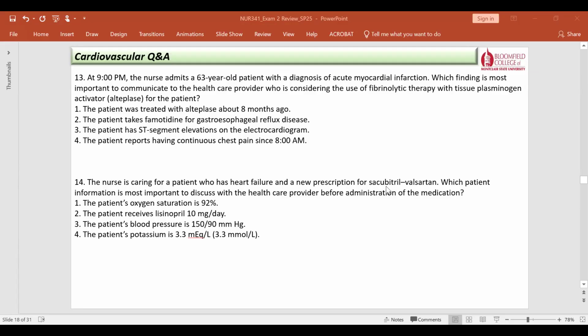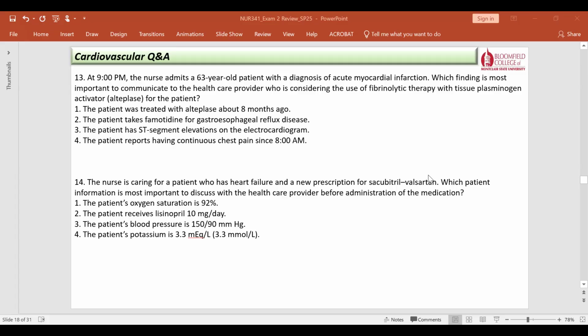Just focus on the valsartan, which is an ARB, angiotensin receptor blocker. It should not be taken with an ACE inhibitor because we know that these ARBs can release bradykinin and cause angioedema. Patients on these meds are not supposed to be taking another medication like ACE inhibitors.